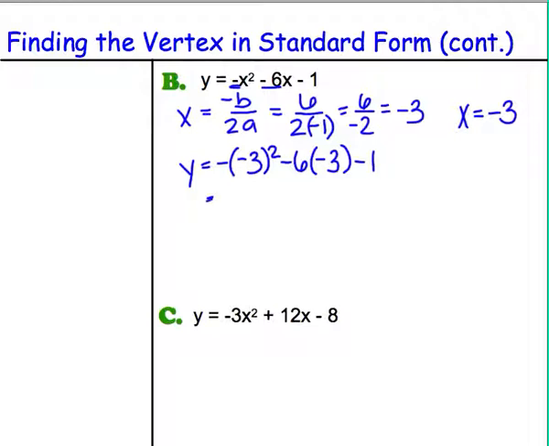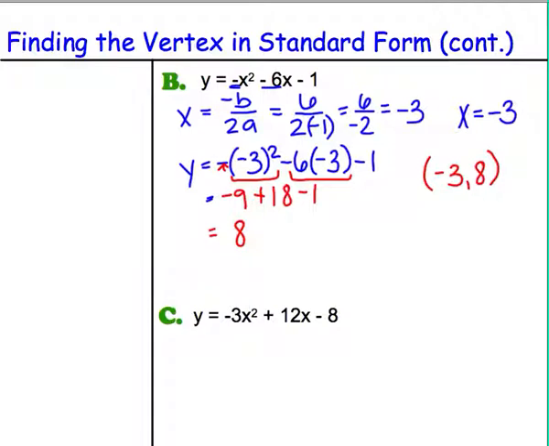Negative 3 squared is 9, and then we'll take the opposite of it after that, so negative 9. Minus 6 times negative 3 is negative 18, so this actually becomes plus 18 minus 1. And negative 9 plus 18 is positive 9, minus 1 is 8. So therefore, our vertex is going to be negative 3, 8.